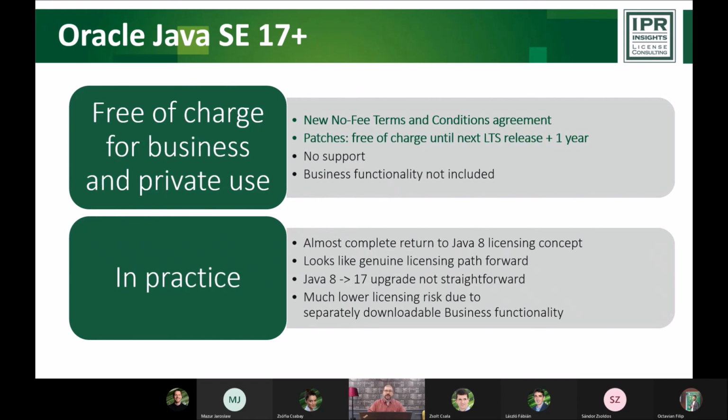And that is a big plus compared to the days of Java 8, where Oracle explicitly did not make installation packages that corresponded to the licensing editions of Java. So I think that is basically it, and this is very good news all around, I think. So I think this is one of those moments where we can be genuinely happy and look forward to getting rid of a big concern off our backs.